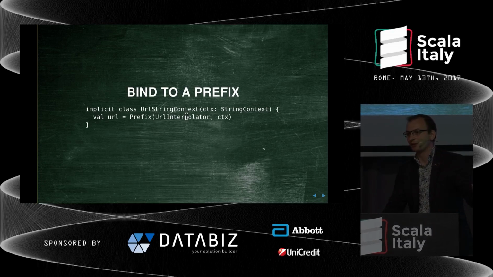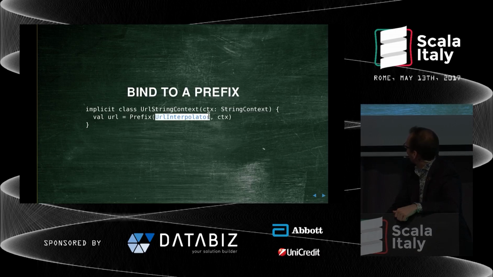Don't be scared that I've used the word macro, because you don't need to really be aware that a macro is running. But all I would do is, if you want to bind something to a prefix, copy this code. It's 3 lines. Change that to the name of the object you've just created, and change that to the prefix you want to use, and everything else stays the same. Okay?